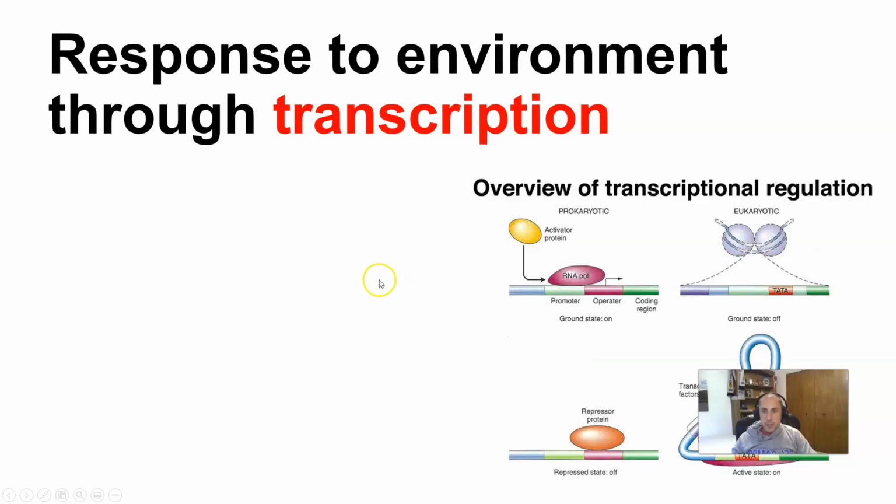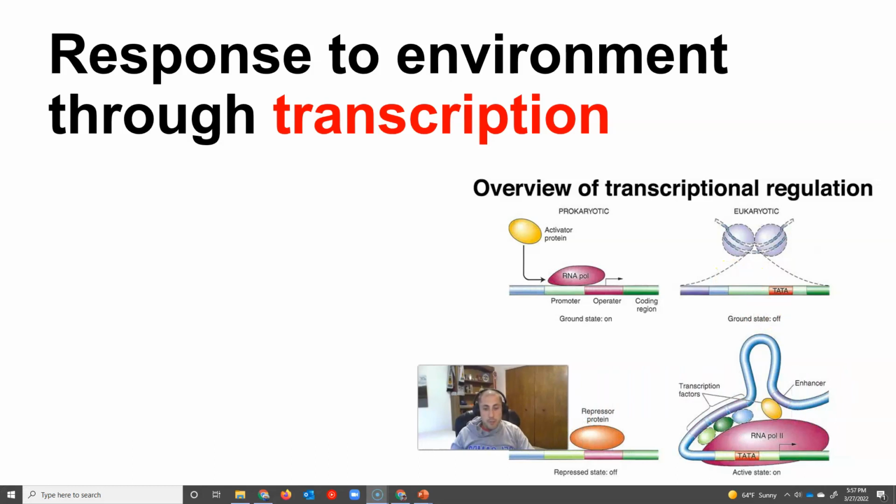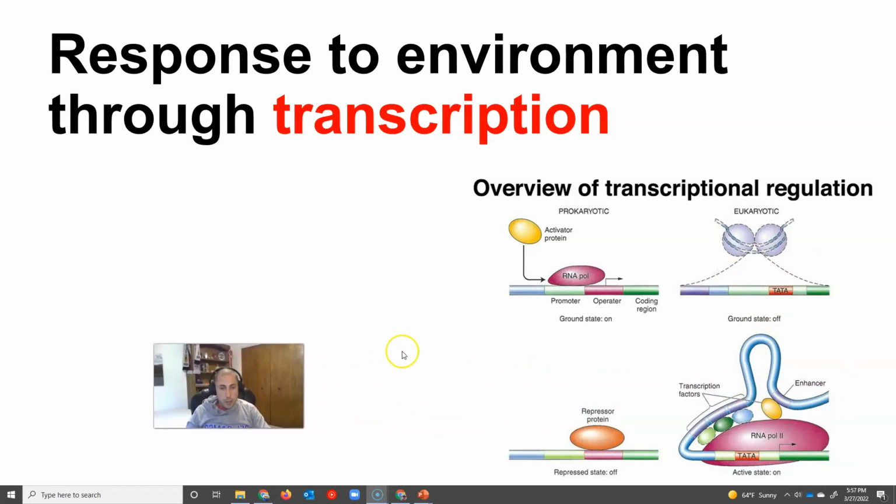All right, so first thing, like I said, it's a response to the environment. Let's say you are a eukaryote and you need to break down lactose because you need the energy from that, and in order to do that you need lactase. So you only need to build lactase to break down lactose if lactose is present.